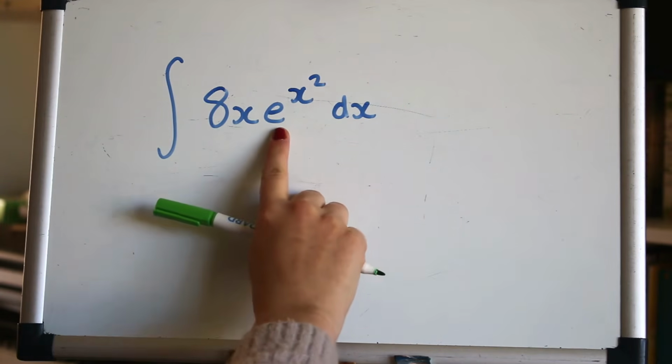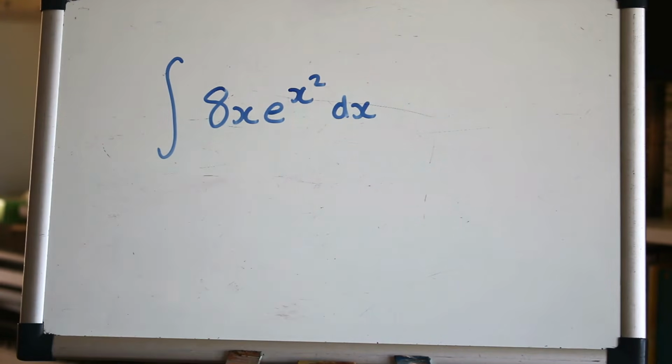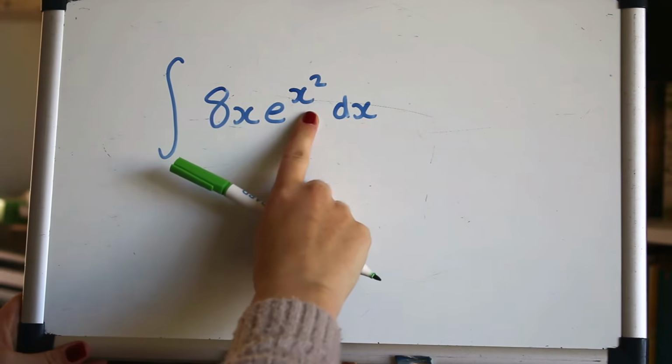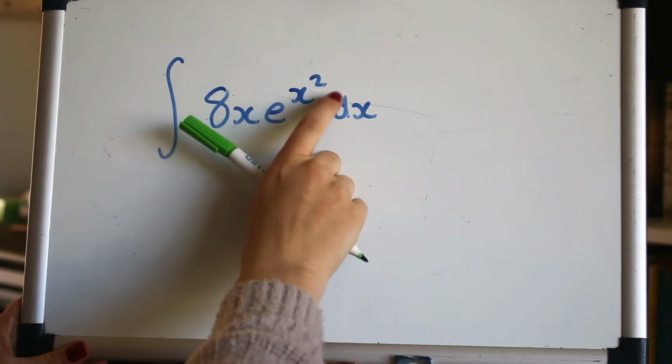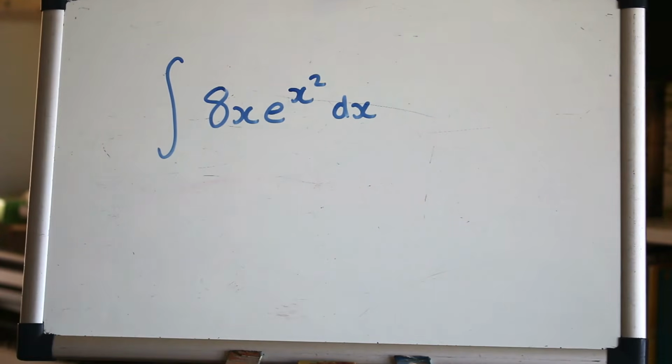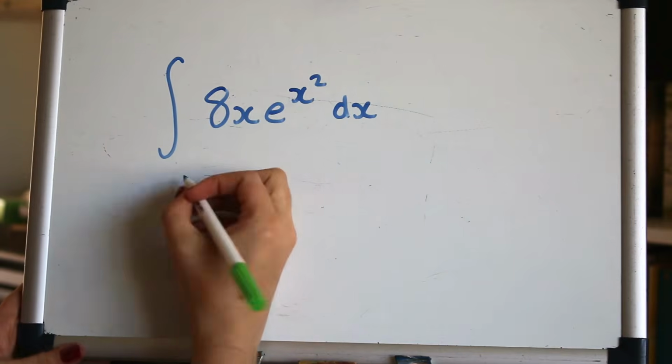Okay, third question. This time we're doing an exponential function. I hope you remember from another video that when you differentiate e to a function, you'll be multiplying by the derivative of that function. But again here we're going to divide by the derivative of the function instead.